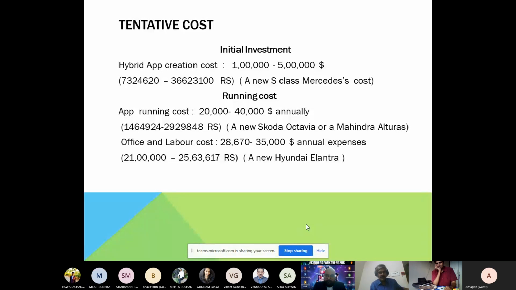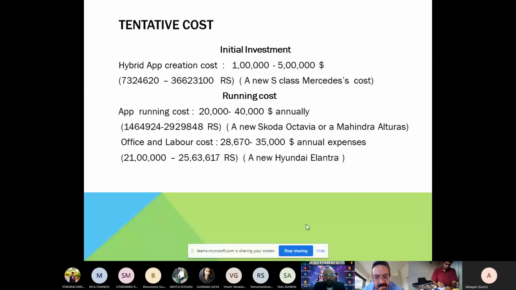Yes, sir, sure. Basically, a company will require an initial investment where we have to research and develop a product, and after that we'll have our usual running costs. So here we have proposed an initial investment of $5 lakh, which equates to around 3.6 crore rupees. In corporate money, it's just the price of a new Mercedes. That's all we're trying to say.